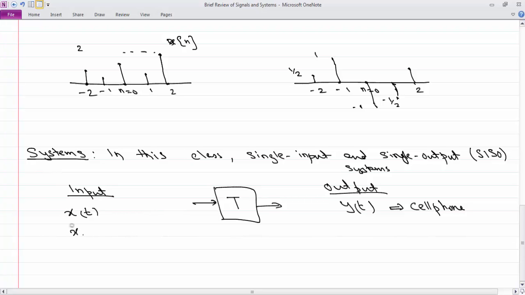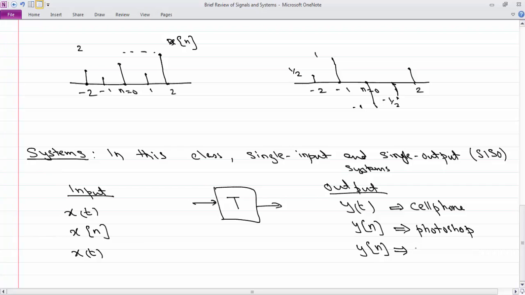Another case could be that it's taking discrete input and generating discrete output. An example of that is most of the things that you do inside your computer or your cell phone. So for example, if you are taking an image, which is a discrete signal, and doing some photoshopping to create another image, it's a discrete signal. So discrete input, discrete output. You can have a continuous input but a discrete output.